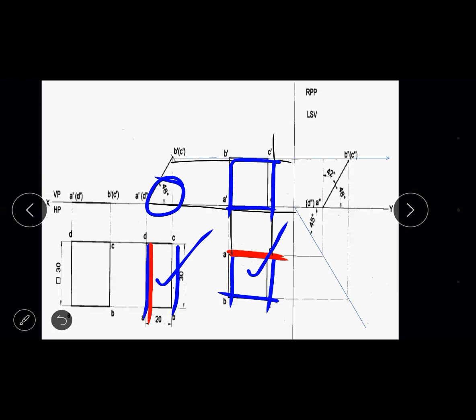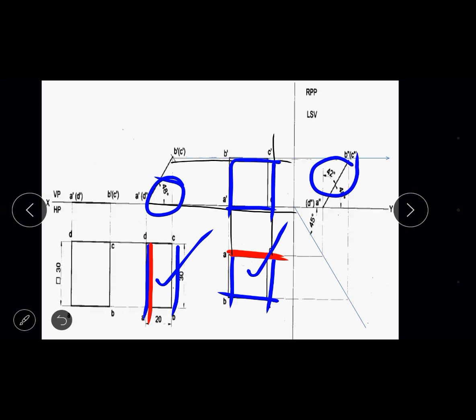So it is from the side view of the lamina that you will get the VP angle. Without the side view you will not get the VP angle, which is 42 degree to VP. So in order to find the VP angle, the last step is constructed: the side view of the lamina is constructed to find the VP inclination.